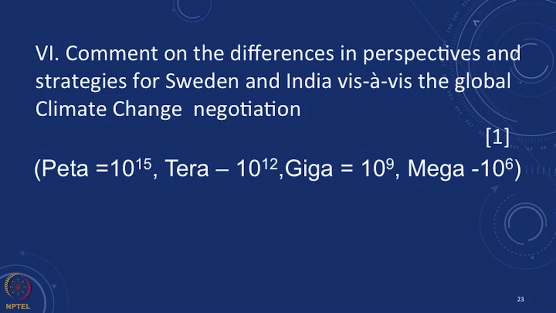India, on the other hand, is a developing country where the infrastructure is not yet in place, and we still need significant increase in the basic energy services. Sweden may have almost saturated in terms of energy services. So, in a sense, we are approaching the problem from different perspectives.